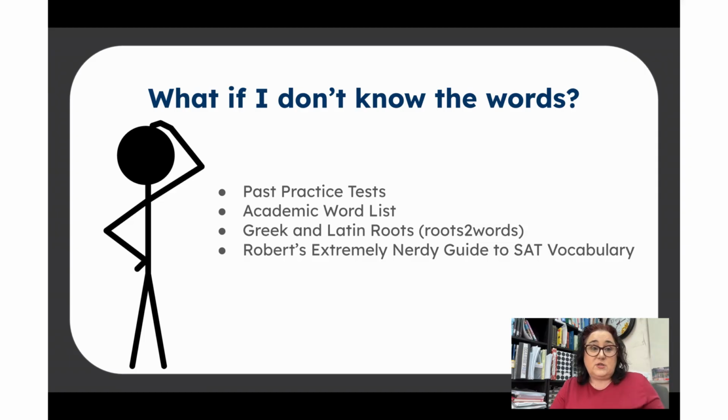Now, the next question that students always ask is, what if I don't know the words? And not knowing the vocabulary is a problem. If you don't know vocabulary, you need to spend some time improving your vocabulary. Where you can find information about that is first practice tests that you've already completed. Go through and find every word that you don't know.